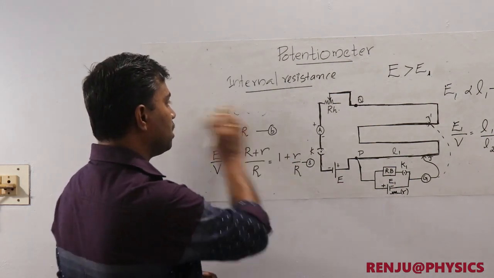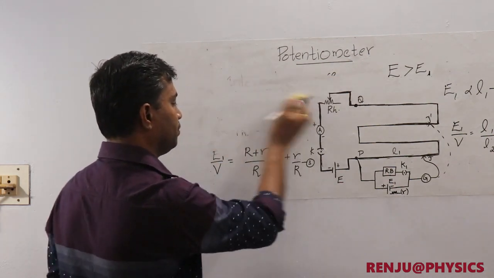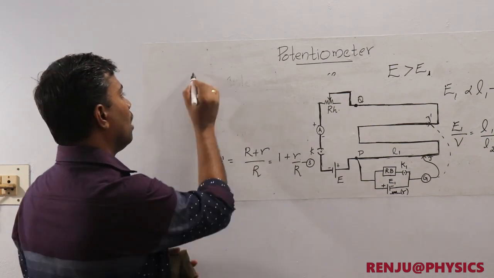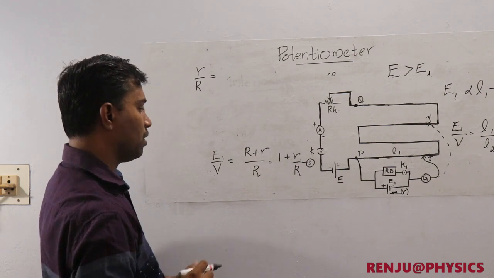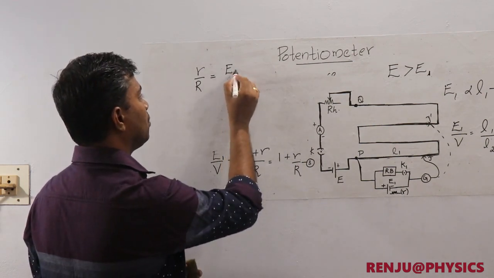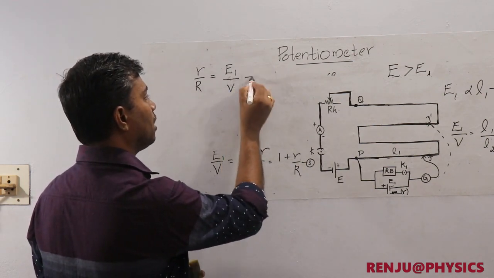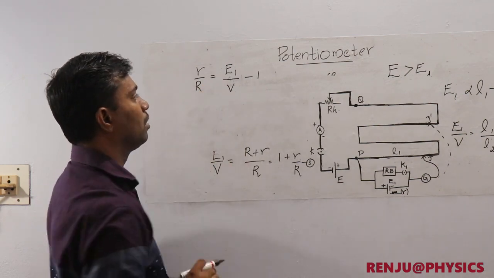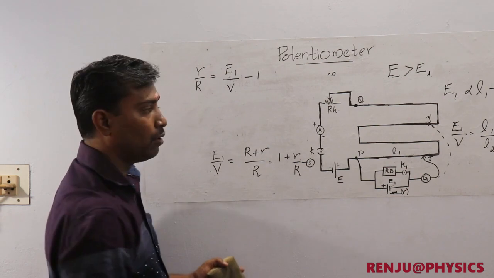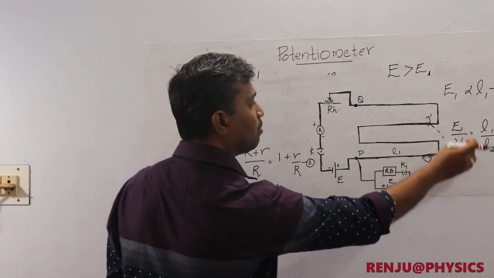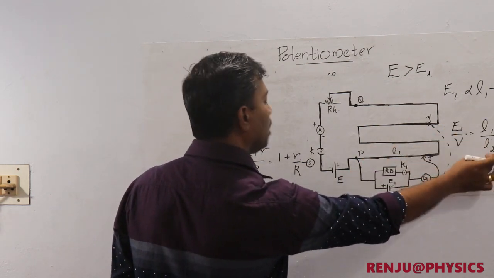Then by rearranging this, we can write r by R is equal to E1 by V minus 1. But from equation number 2, E1 by V is equal to L1 by L2.